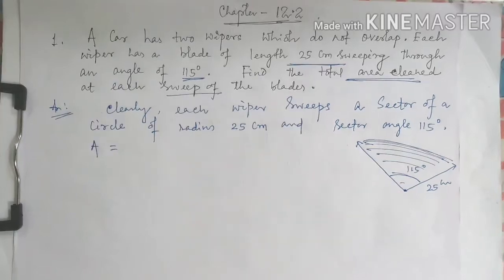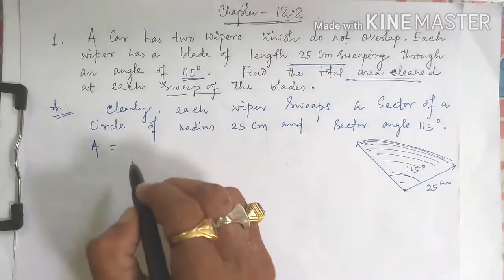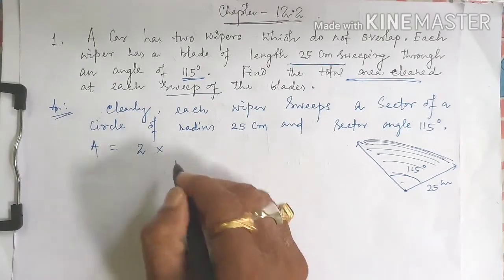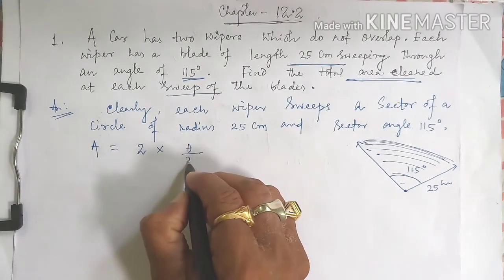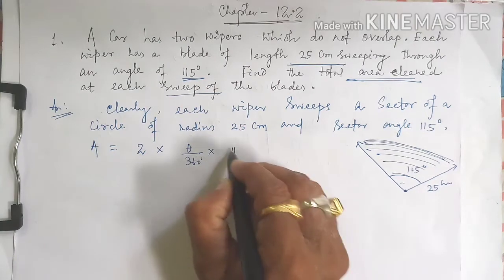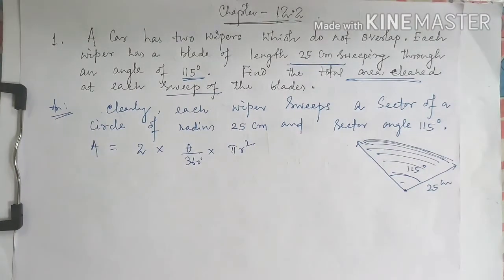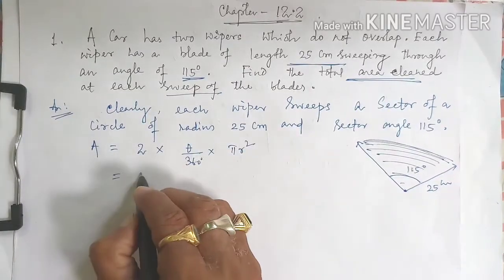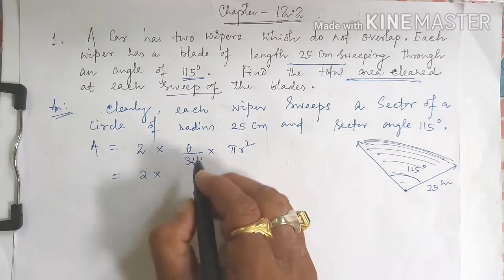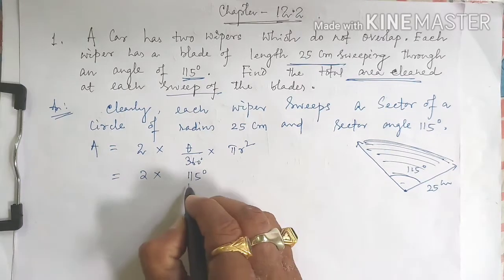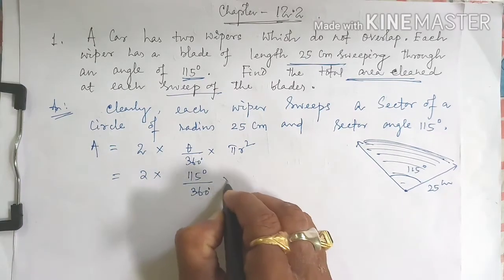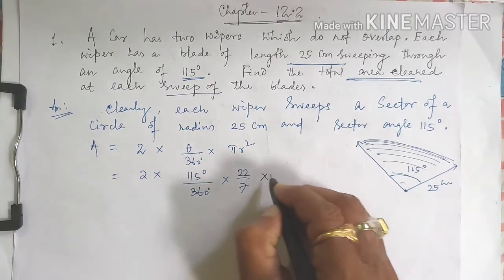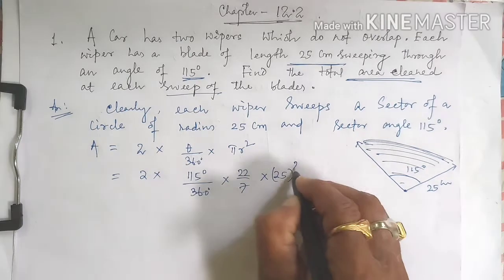A equal to, as there are two wipers, 2 times theta by 360 degree into pi r square. Now it is 2 into the sector angle 115 degree divided by 360 degree into 22 by 7 into radius square.